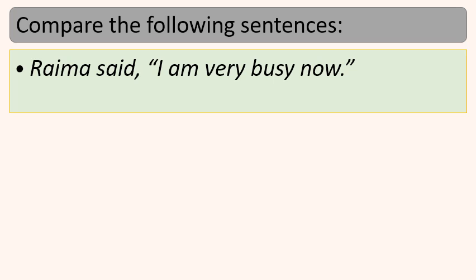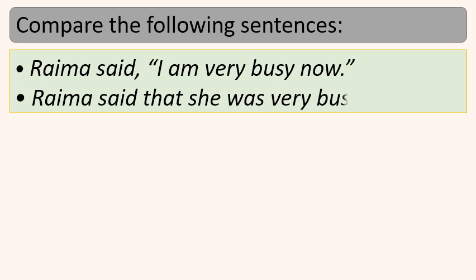When we convert the same sentence into indirect speech, let's see what the changes are. Raima said that she was very busy then. So instead of inverted commas and comma, we have placed the conjunction that here. And according to the subject, we have also changed the pronoun of the reported speech.